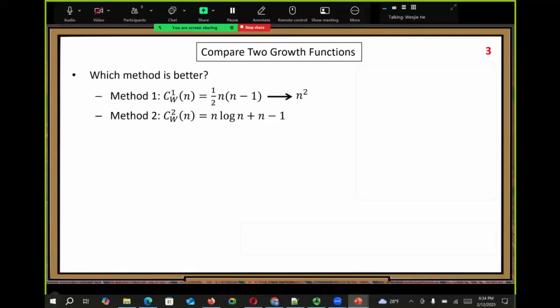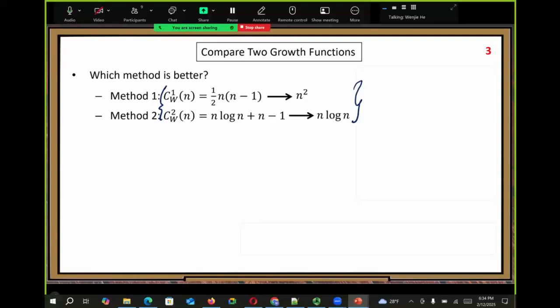So for the first one, we extract n squared as its growth function. For the second efficiency function, we can extract its growth function n log n. So when we compare these two efficiency functions, that's equivalent to comparing their corresponding growth functions.